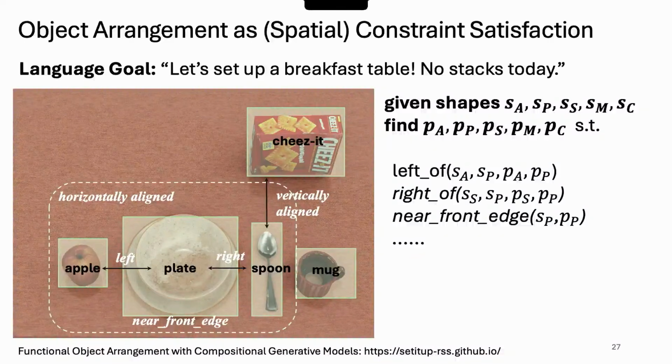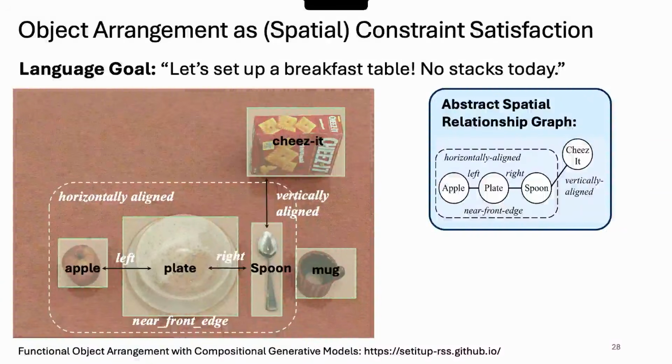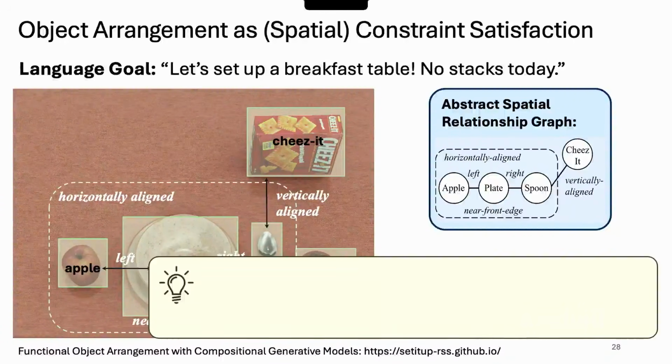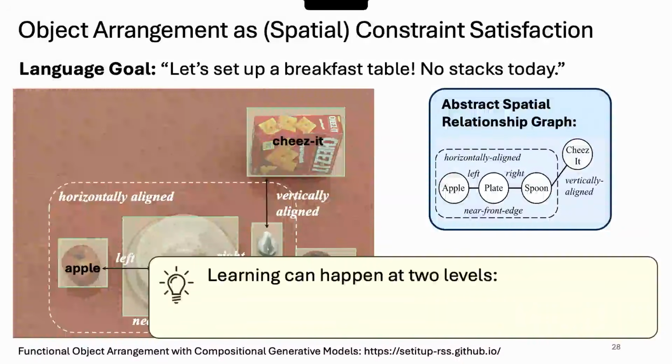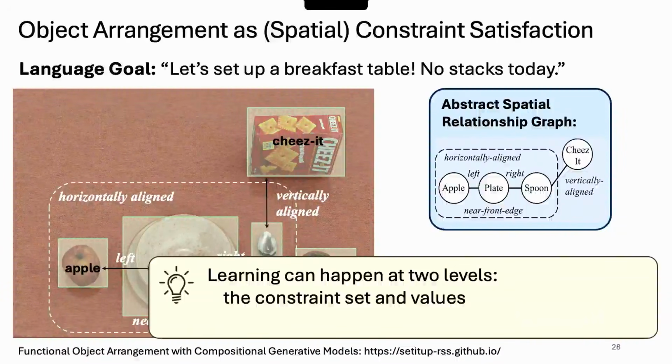And this can be better visualized in a graphical kind of structure. That is, I want to find the pose of all these objects, subject to some constraints among each other. So again, if you formulate the problem in this particular way, now you get the leverage. Now learning can happen at two levels. You say, I want to find the set of constraints I need to satisfy if I want to set up a table following human instruction.